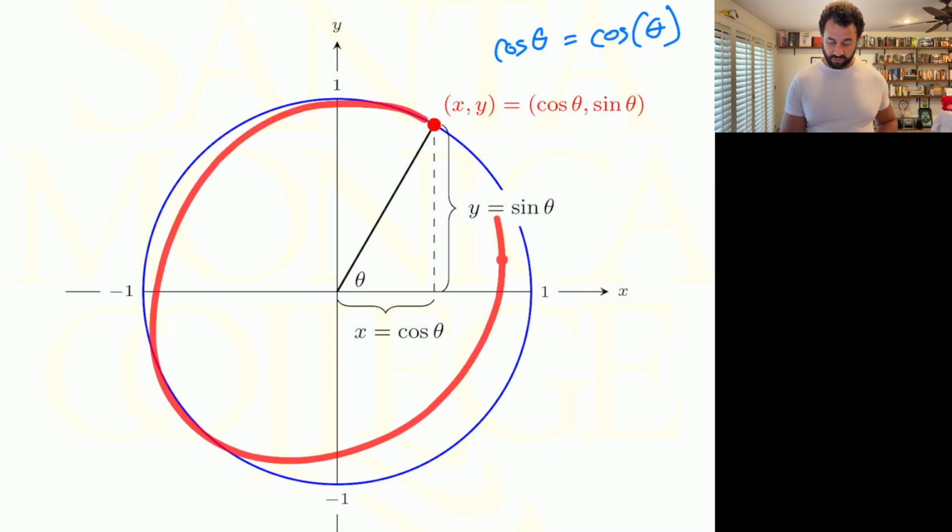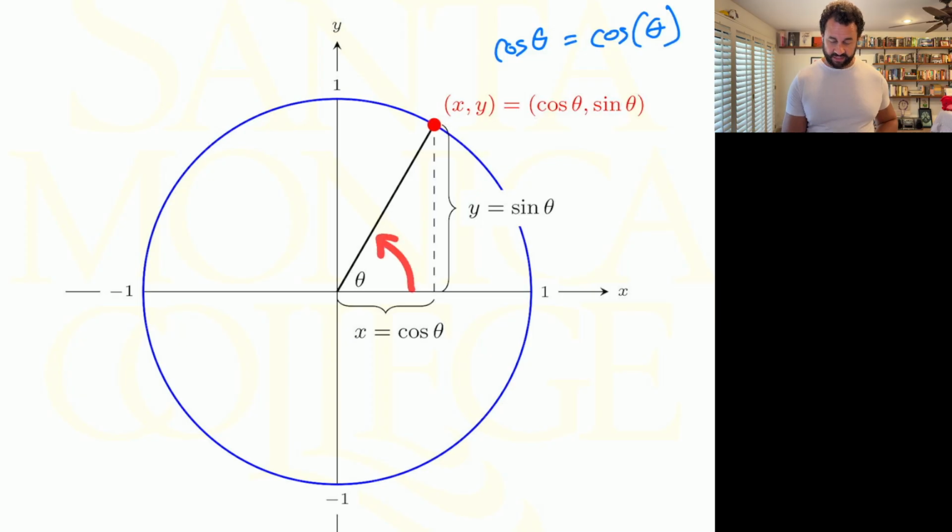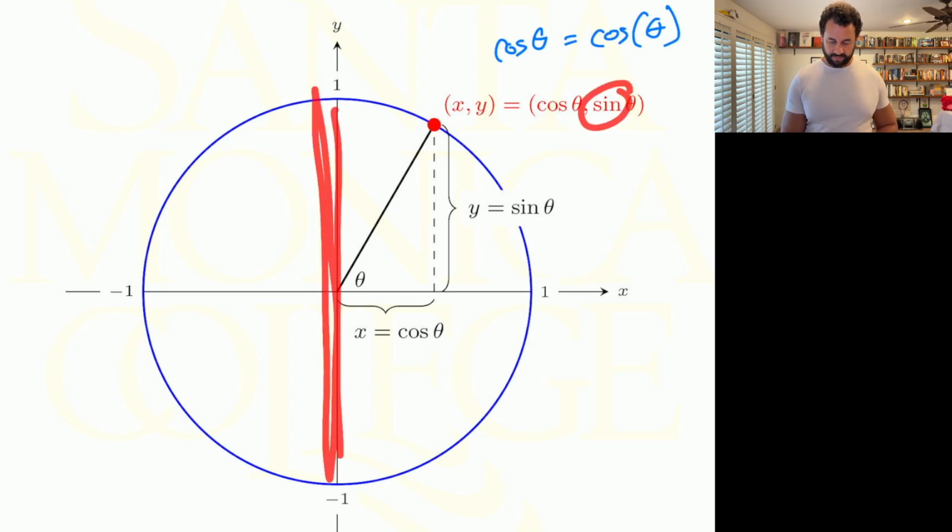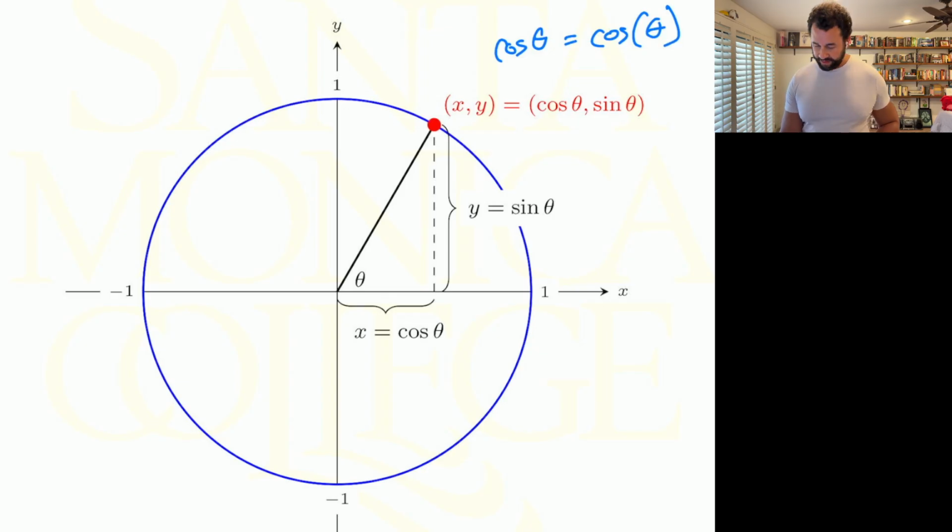As this point moves around, that means theta is going to change, and how high up the point is going to be is going to change. It's going to go up and down between -1 and 1, and it's going to go left and right between -1 and 1, and we are encoding those two different behaviors as cosine of theta and sine of theta. All right, that's the idea.